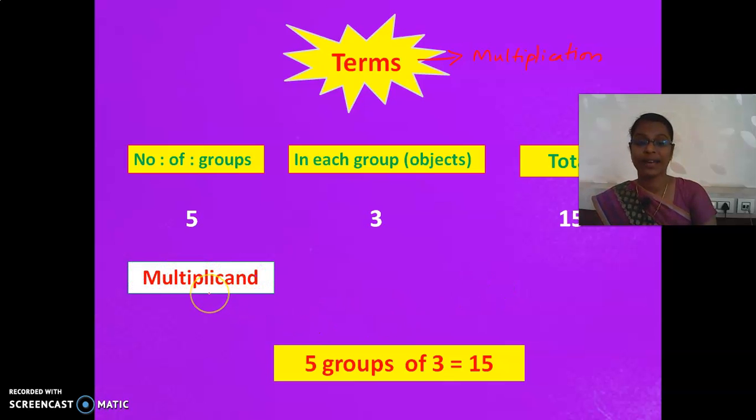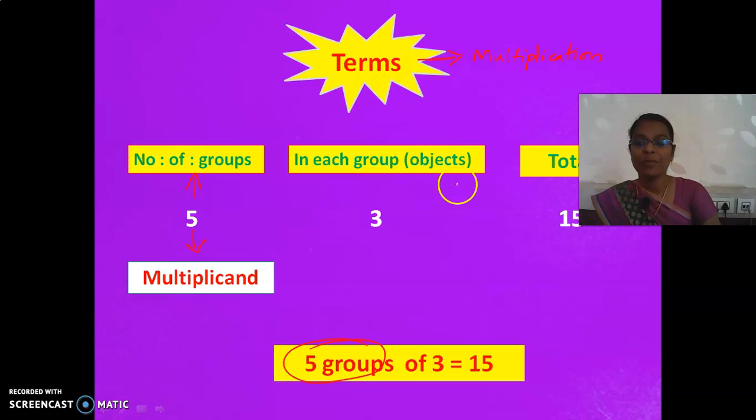The first one is known as multiplicand. Repeat after me, multiplicand. The number of groups is known as multiplicand. Can you see here 5 groups? These 5 groups are known as multiplicand.